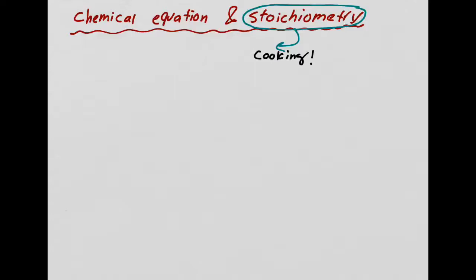Or if you have this many ingredients, how much food can you make? So far so good? Okay. So always think about cooking as we are doing stoichiometry. Again, I have this many ingredients, how much food can I make? Or if I want this much food, how much ingredients do I need to buy?